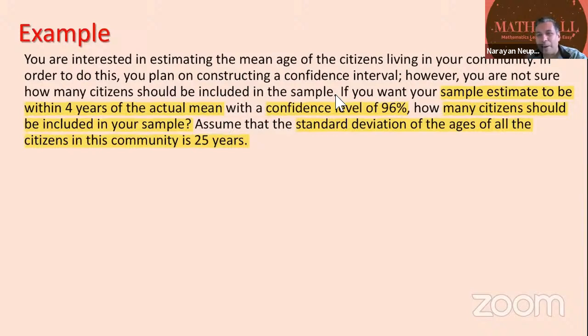However, you are not sure how many citizens should be included in the sample. That means we don't know the sample size, so we need to find that. If you want your sample estimate to be within 4 years, that means from the point estimate you are adding and subtracting 4 years. That means 4 years is your margin of error.